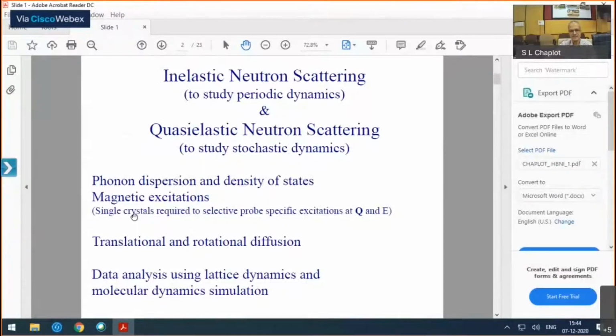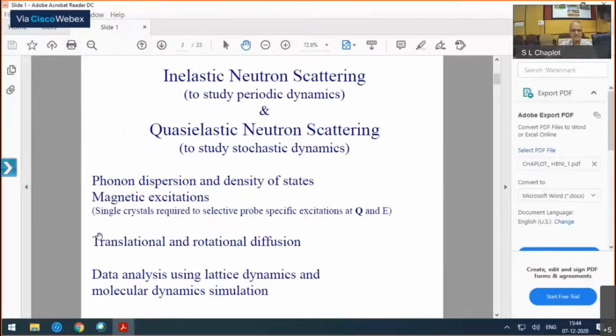And in particular, if you're interested in phonon dispersion relation, then you need to measure specific excitations at a definite wave vector and energy. So how are these selectively probed? That would be a few lectures. We will also go into a little bit about the theory of phonons or lattice dynamics.